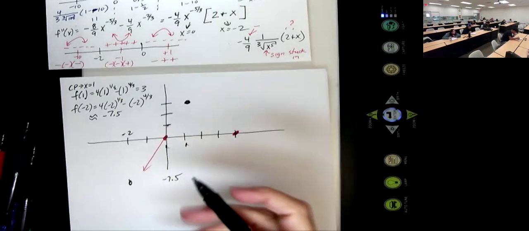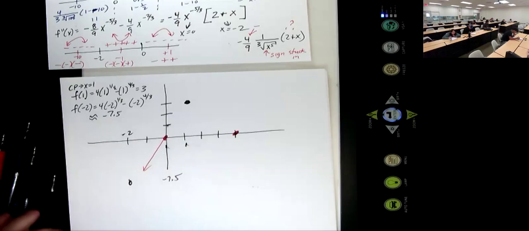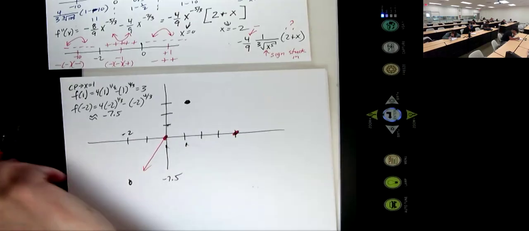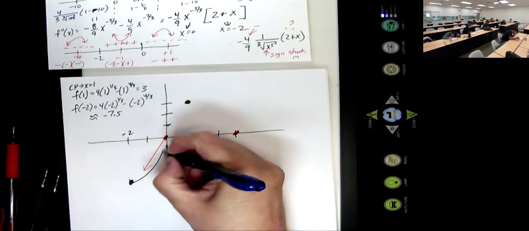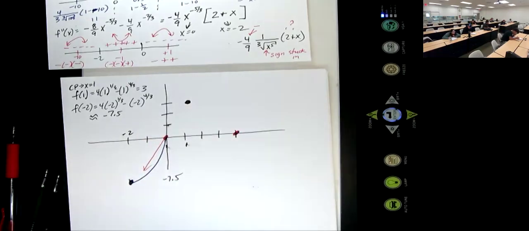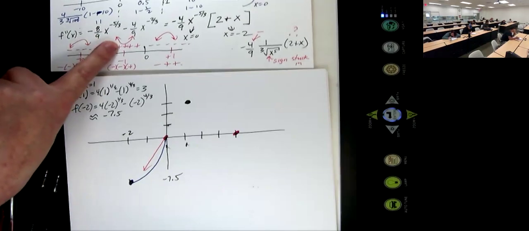We had concavity between -2 and 0 being positive, so concavity between -2 and 0 is doing something like that. That's coming from this.